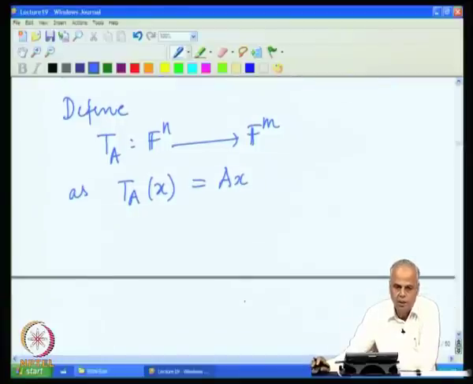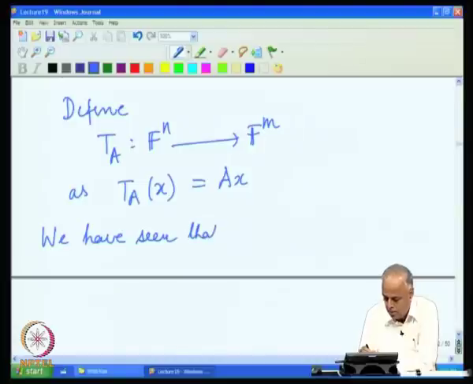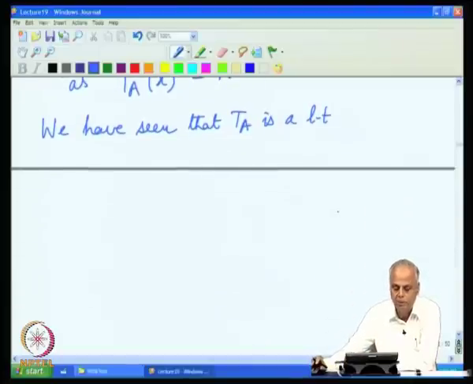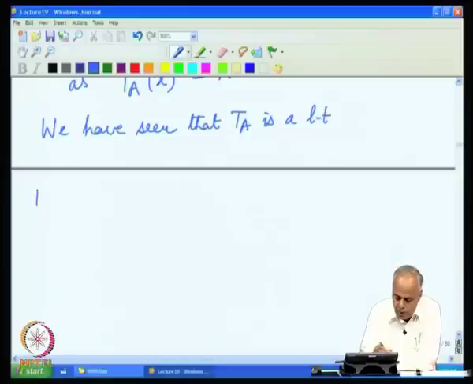We have already seen in the last lecture that this is a linear transformation from Fn to Fm. Now, once we have a linear transformation, we want to know what is its null space, what is its dimension, what is the range space and what is the dimension. So, let us look at the null space of T A.